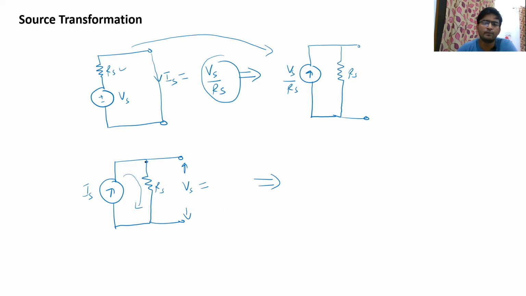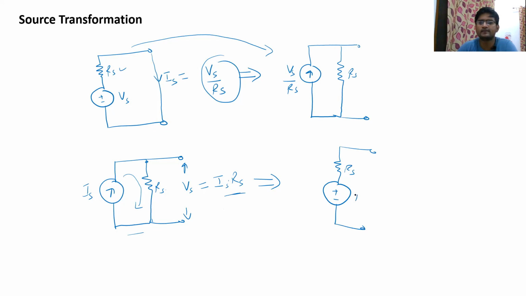So the voltage drop across Rs will be equal to Vs, which is Is into Rs. We just learned about KVL and Ohm's law. So we will have a voltage source with an internal resistance exactly equal to Rs, and the voltage value Vs will be equal to Is into Rs. So this is source transformation.